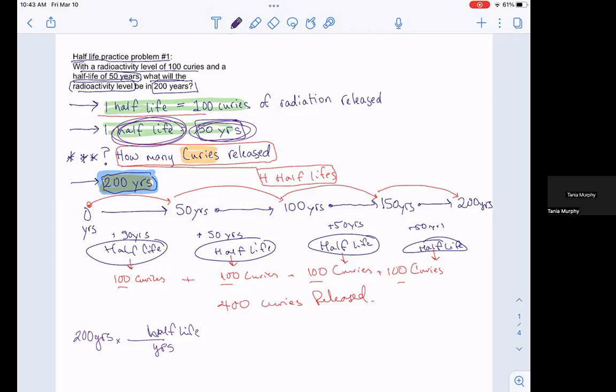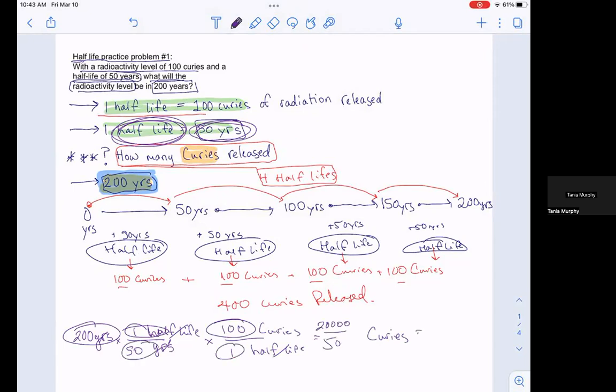That's 50 years for every 1 half-life. And now let's convert our half-lives to curies. 1 half-life, 100 curies. Cross off your units, you're left with curies. Your answer is curies. 200 times 1 times 100, 20,000, divided by 50 times 1, and that equals, once again, 400 curies. So you have 2 ways to do that.